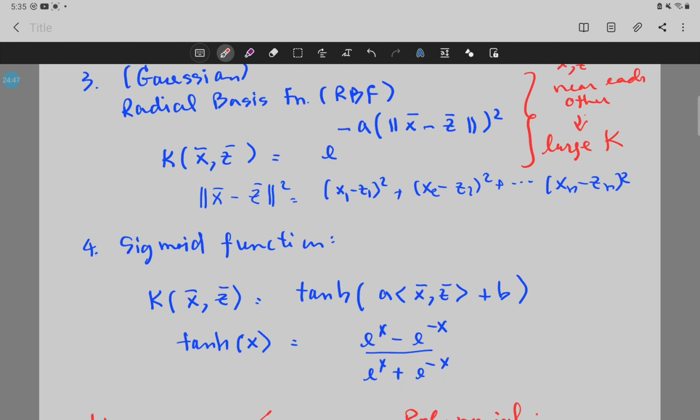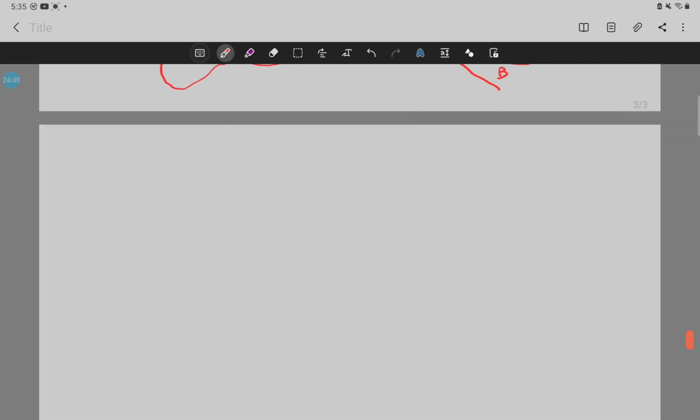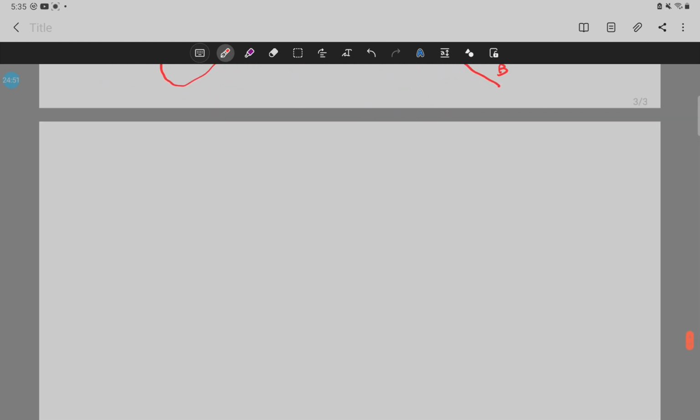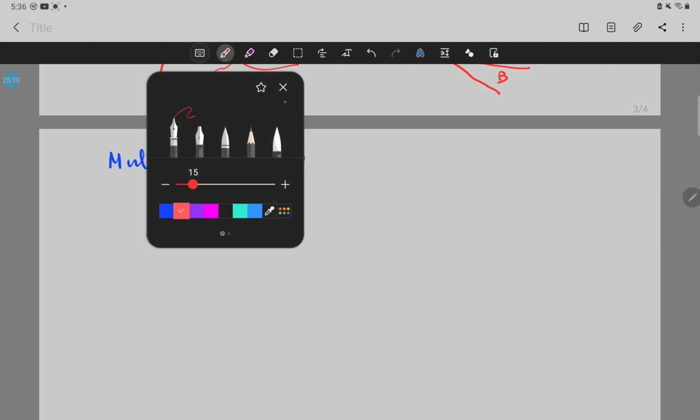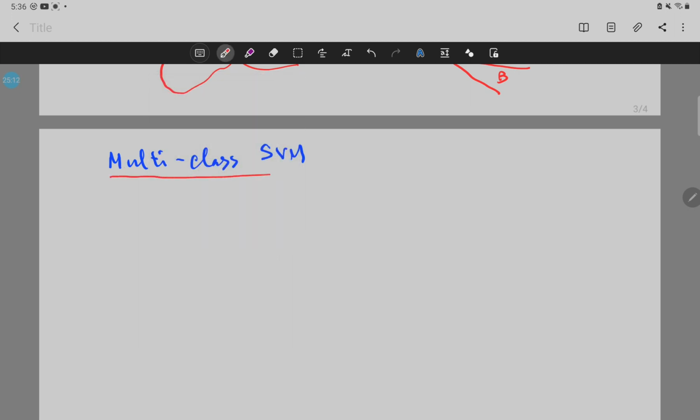Last thing I want to talk about is what is called multiclass SVM. So far we have been looking at the SVM from the binary point of view, but we can modify the SVM for multi-class classification.